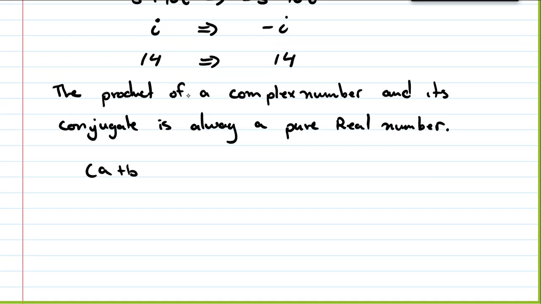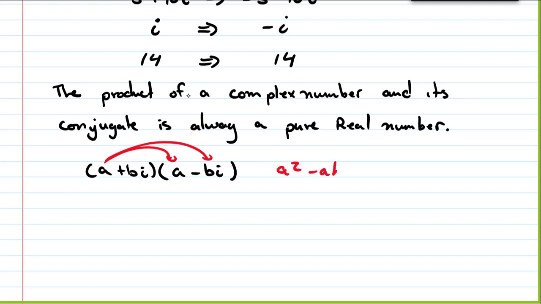So if we have a plus bi, its conjugate is a minus bi. If we FOIL this out by distributing the a into our parentheses, a times a gives us a squared. A times negative bi gives us negative abi. And if we distribute the bi into our parentheses, bi times a gives us positive abi.